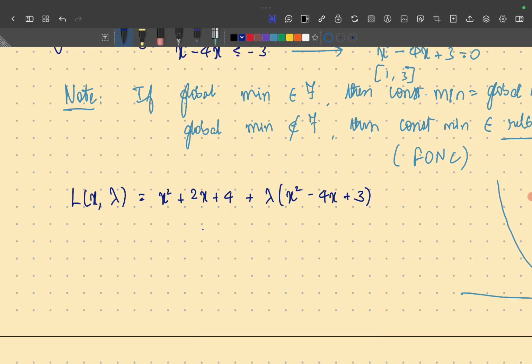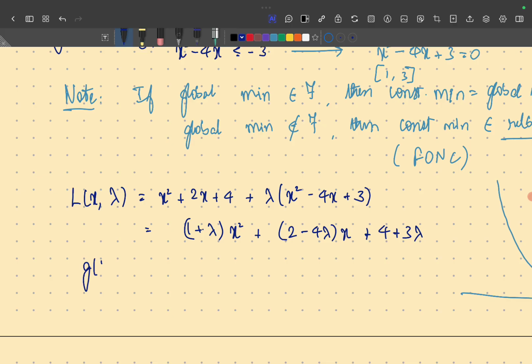Right, okay. So let me group together the coefficients of x squared, x, and the constants because it will make things easier. So this is (1 plus lambda) times x squared plus (2 minus 4 lambda) times x plus 4 plus 3 lambda.